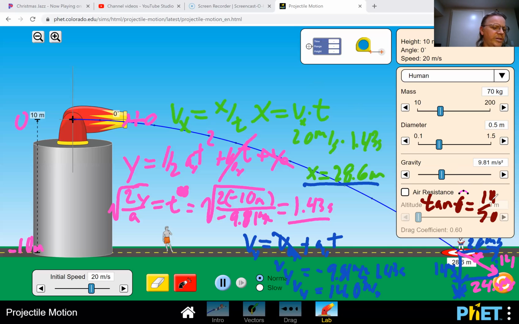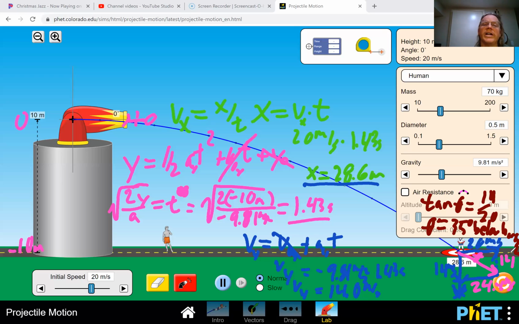Okay, so there it is. So that's 7 over 10, which is 0.7. So basically I have to do the inverse tangent of 0.7, 35 degrees. Okay, so the angle is 35 degrees below horizon. There it is, guys.